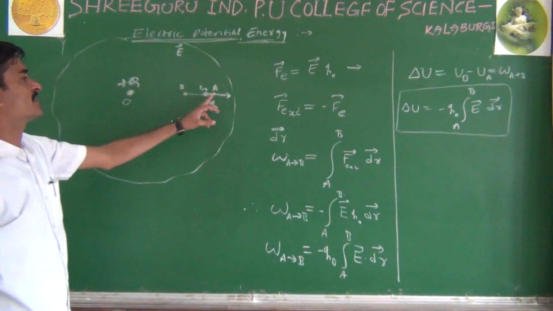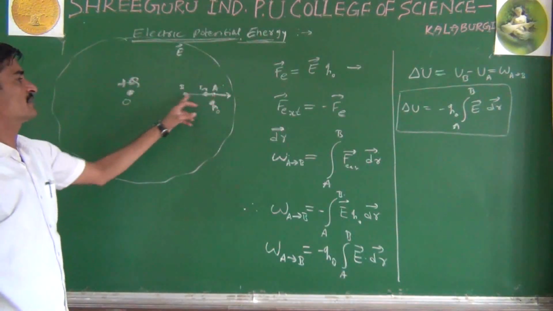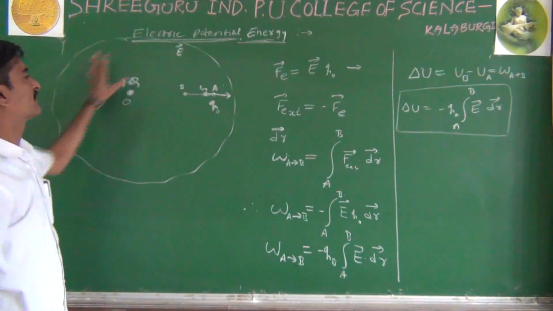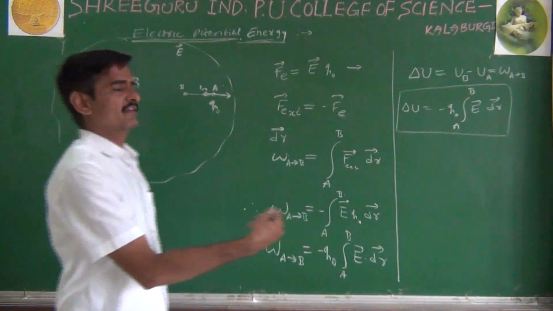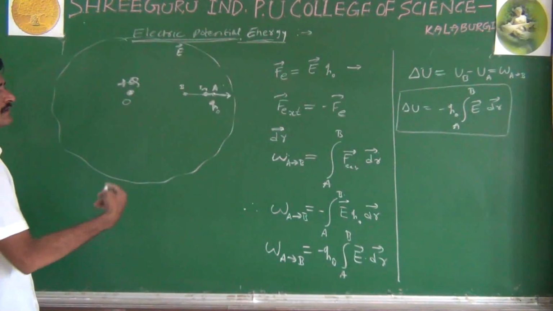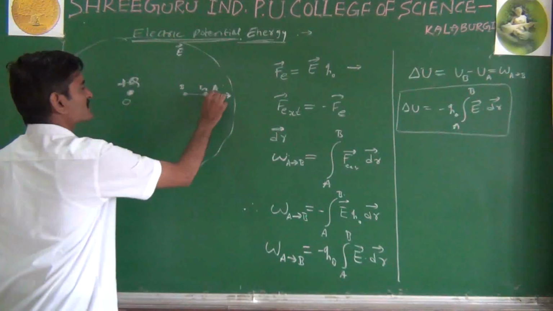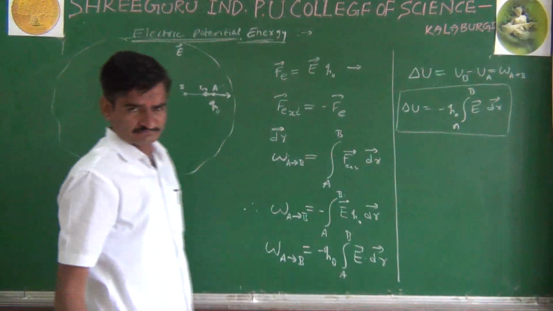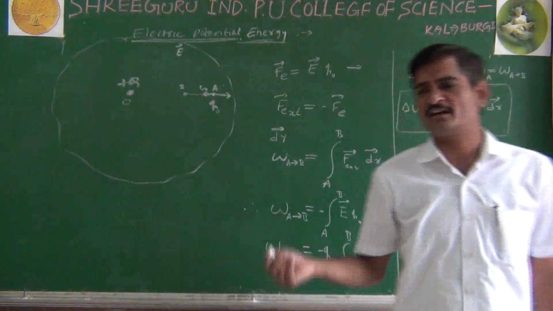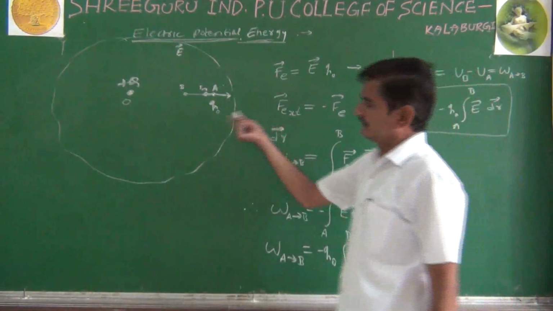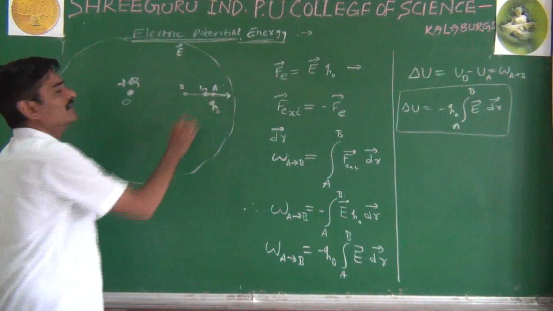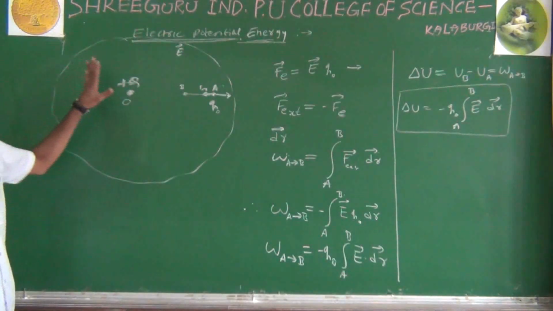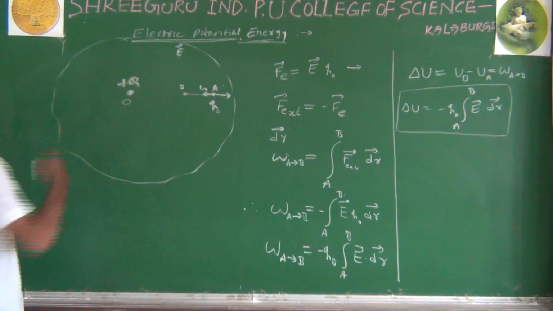Electric potential energy difference between the 2 points in an electric field is equal to the work done in moving the test charge from A to B. The work done in moving the test charge from A to B gives the electrostatic potential difference between the points A and B in the electric field of the source charge plus Q.